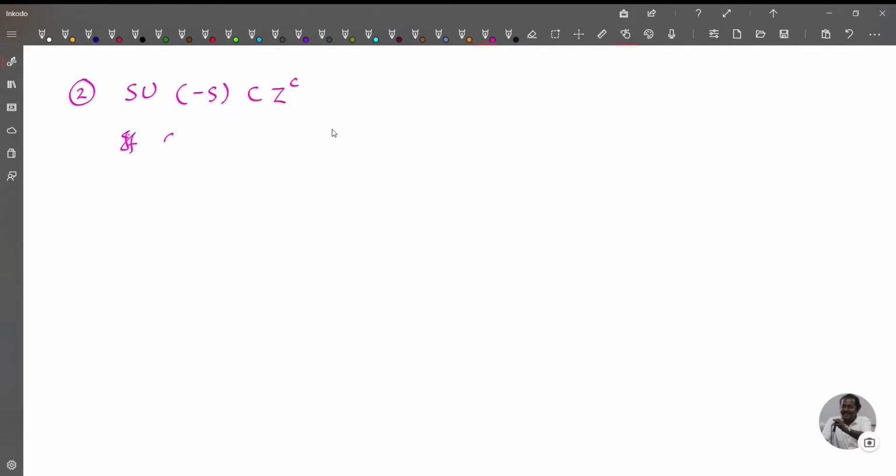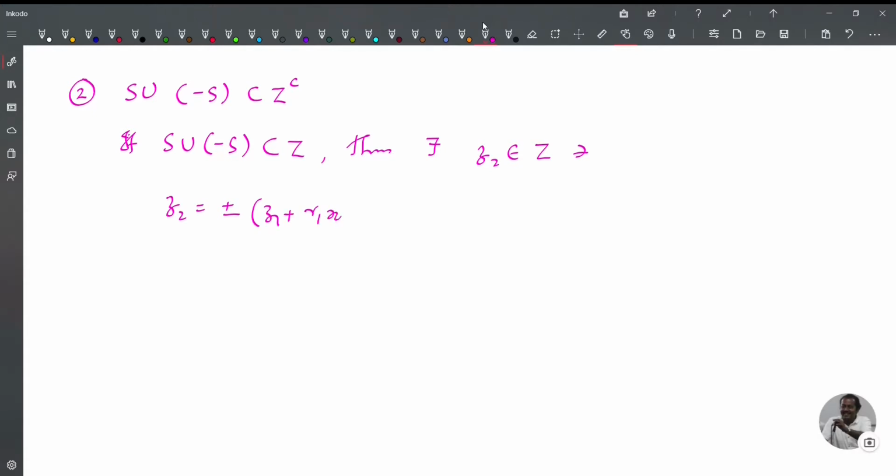If S union minus S is contained in Z, so then there exists a Z2 in Z such that Z2 equal to plus or minus Z1 plus R1 x1 for some Z1 belongs to Z, R1 positive and x1 belongs to E. So this implies plus or minus Z2 equal to Z1 plus R1 x1.